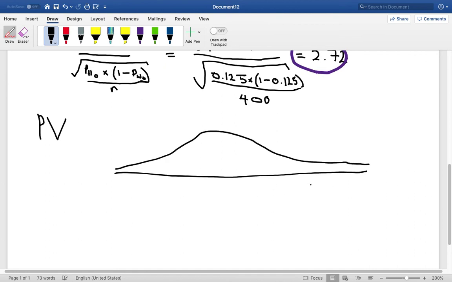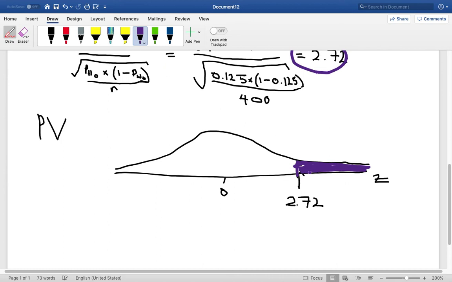We need the test statistic, and the test statistic we said is this 0 in the middle, and this is z. And the test statistic we already established was plus 2.72. And the p-value is going to be this area in this right-hand tail, the closest tail. So we need to calculate all of this area in here.